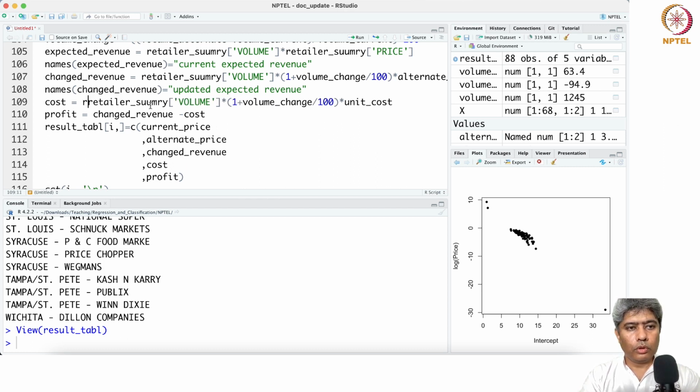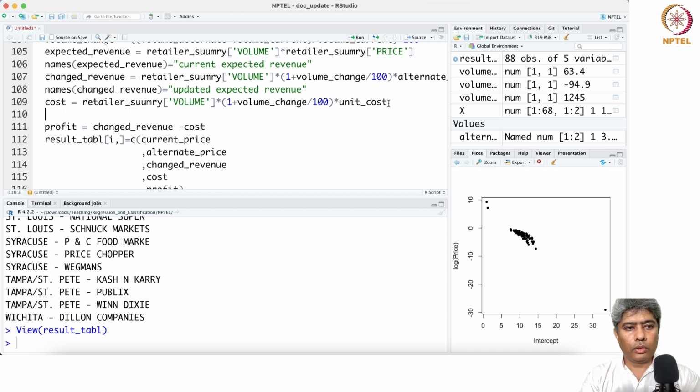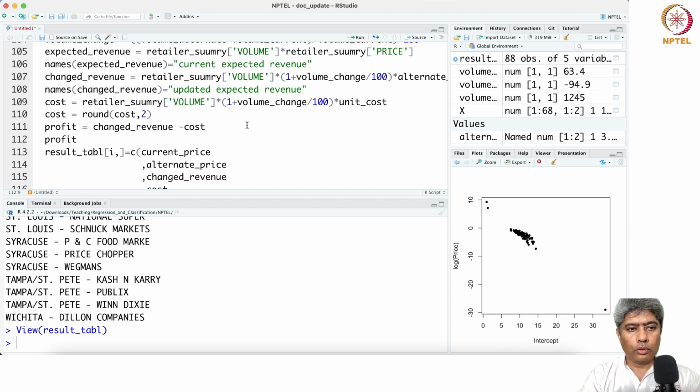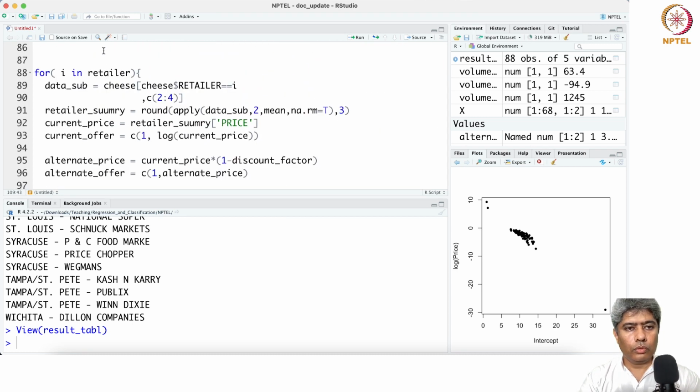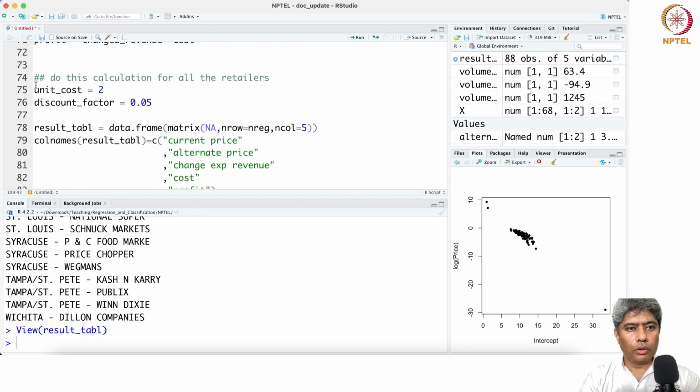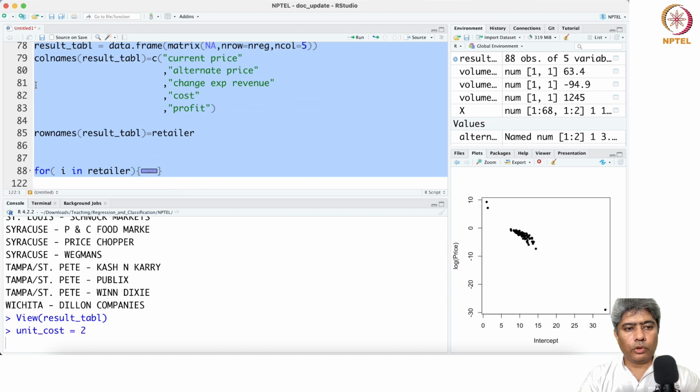For cost, I'm going to round it off to 2, and profit also, comma 2, and changed revenue equal to round change off to 2. Okay, so let me just run it once more.